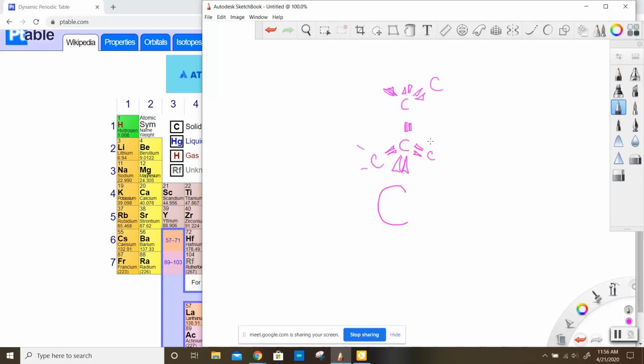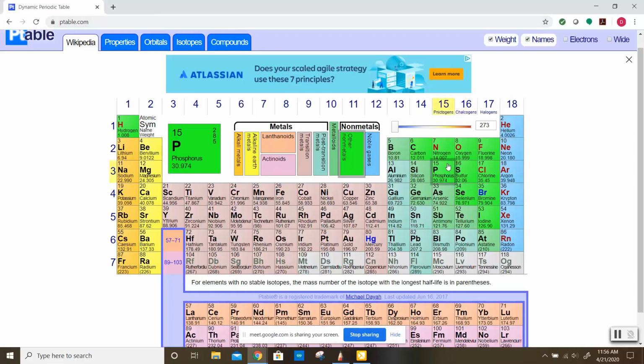Now, if we look at this one carbon and say, hey, how you doing, carbon? It's going to be like, dude, I'm really happy right now because I have all my friends. I have 8 electrons, so I've filled. It's like my life is like a neon atom because I have 8 electrons.